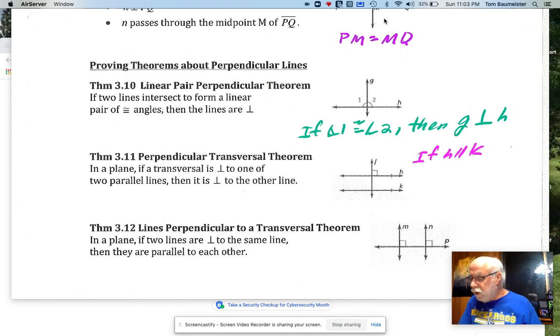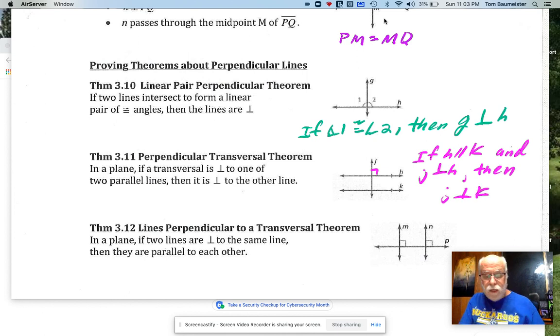And you can tell that J is perpendicular to H, by the box there, then we know it has to also be perpendicular to line K. So J is perpendicular to K.